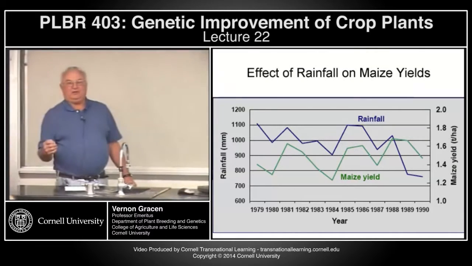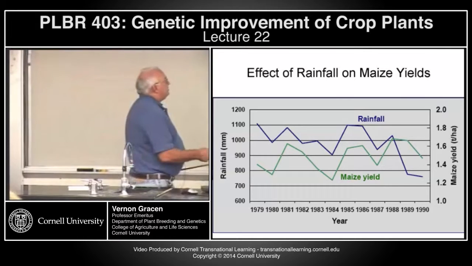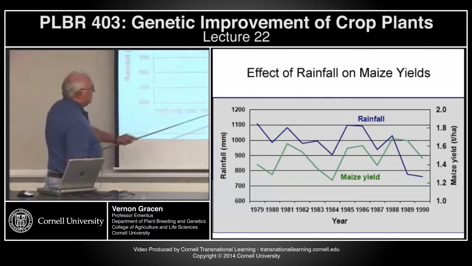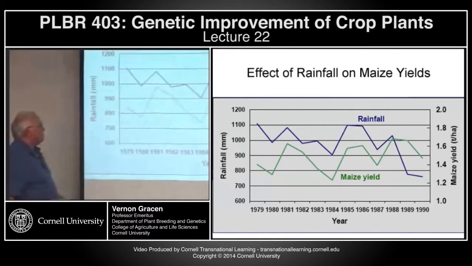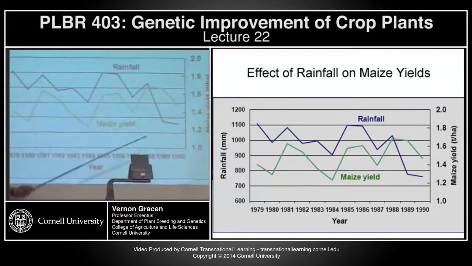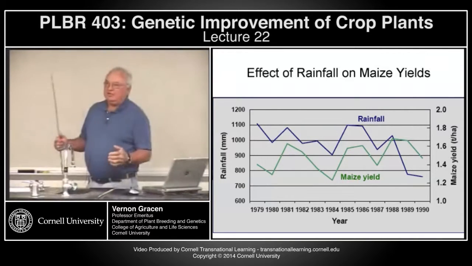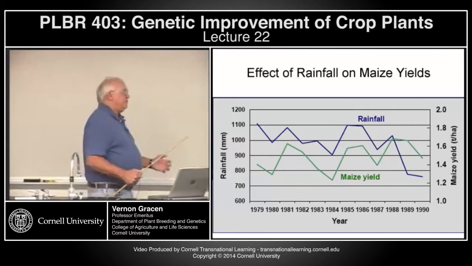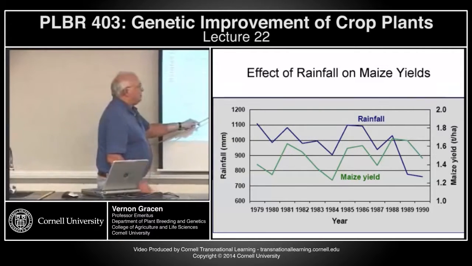Is drought important? Well, this just shows the rainfall pattern from 79 to 90. I think this is in Africa. And the maize yields. Pretty much, if you get rain, maize will produce yields. If you don't get rain, you don't get much yield.